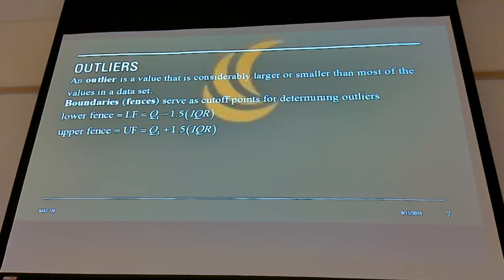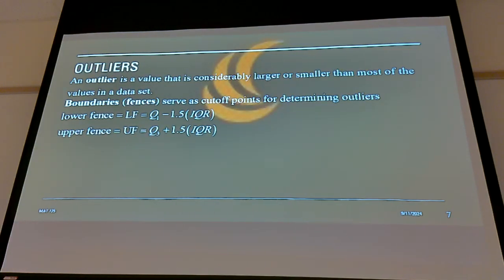Lower fence, Q1 minus 1.5 times your IQR. Upper fence is Q3 plus 1.5 times IQR. So in general, any data point that lies below the lower fence or above the upper fence would be outliers.